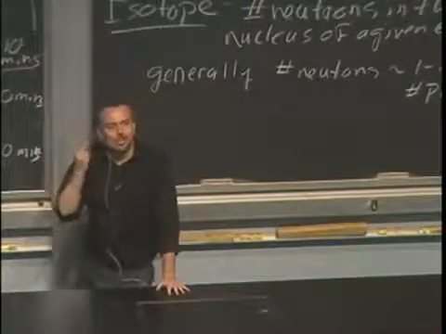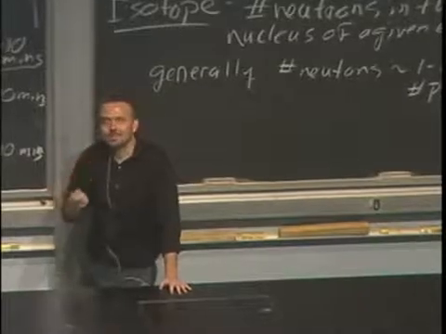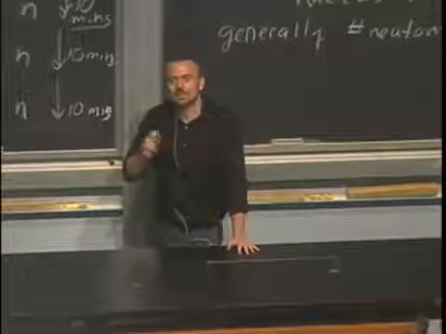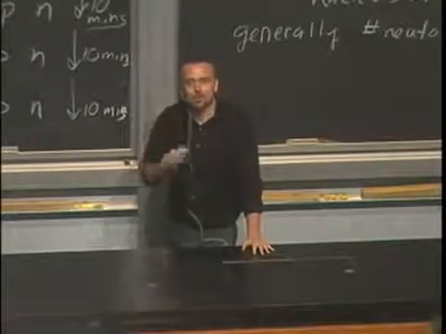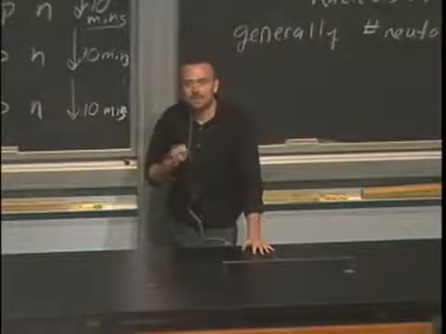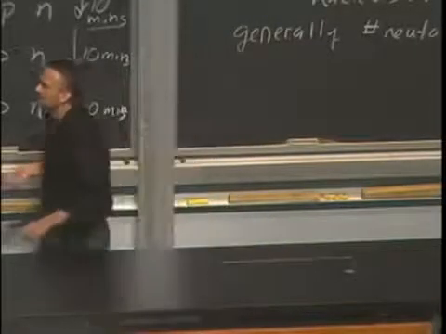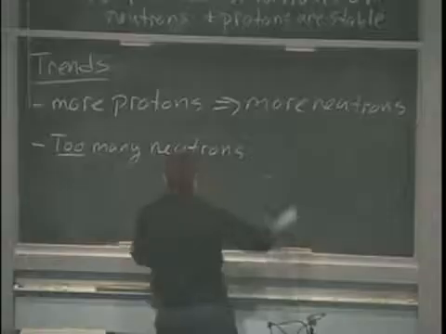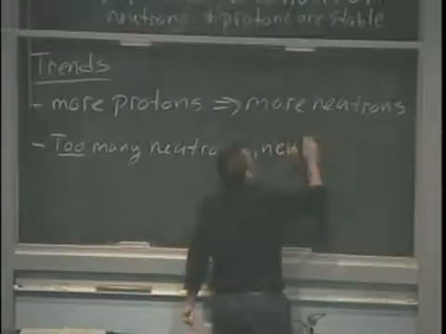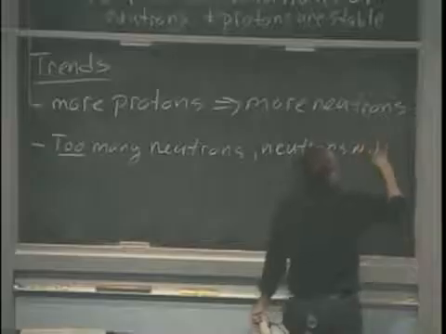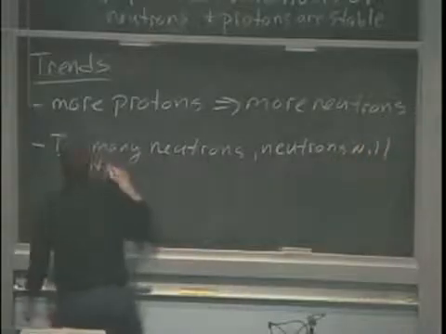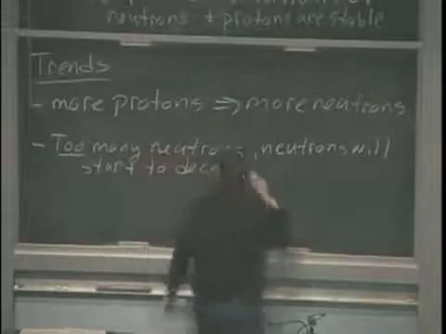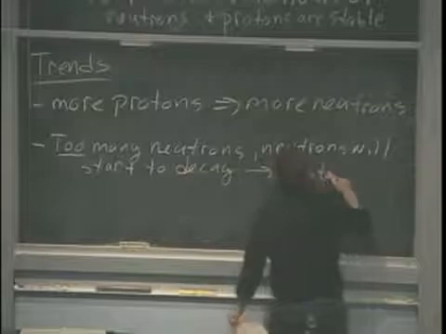What keeps them stable in the nucleus is actually a little bit complicated, but it's the detailed interactions with the protons in the nucleus. And so when we start getting more and more neutrons, the neutrons become more and more unstable. If we add too many neutrons into a nucleus, the neutrons will decay, which means that the nucleus becomes unstable.